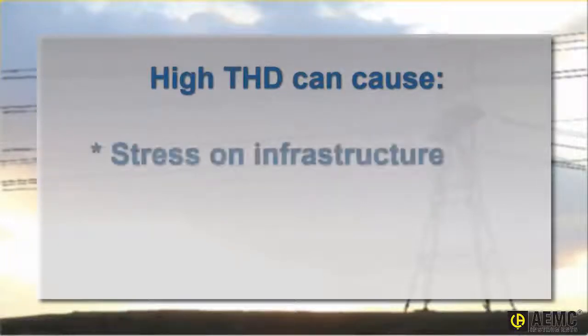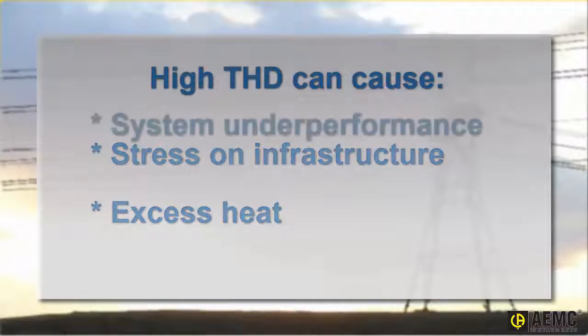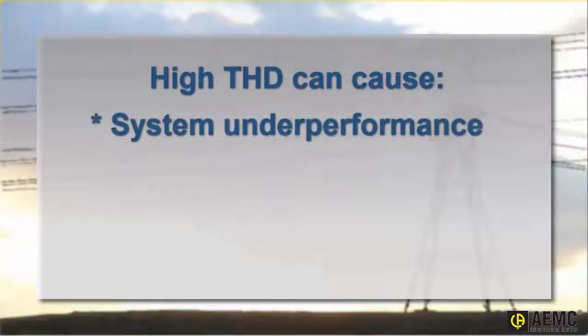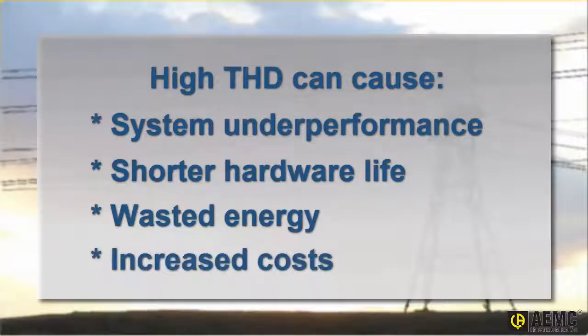A high percentage of THD can stress electrical infrastructure and equipment, resulting in a significant amount of electricity dissipated as excess heat. Left unaddressed, harmonic distortion can produce numerous issues, such as system underperformance, shortened hardware life, wasted electricity, and increased electrical costs.